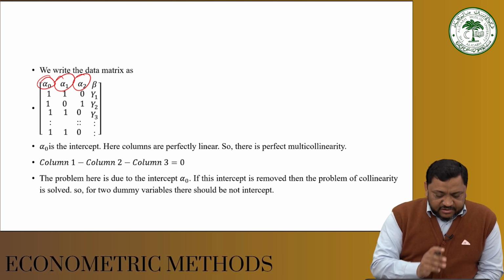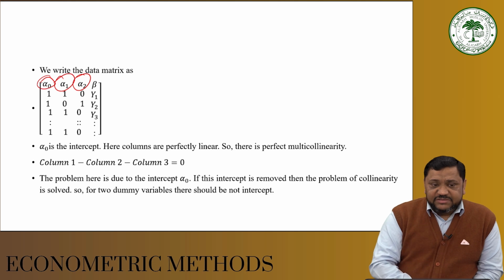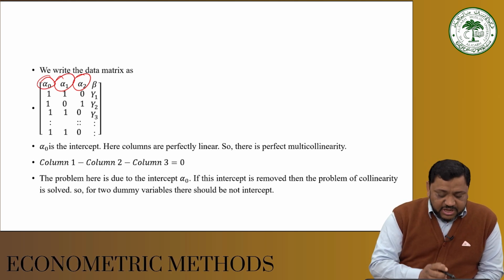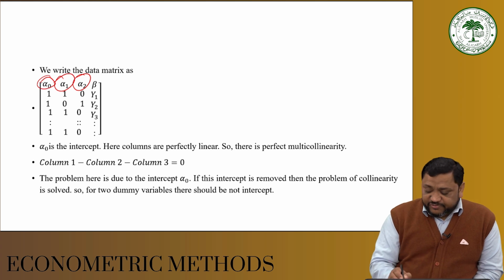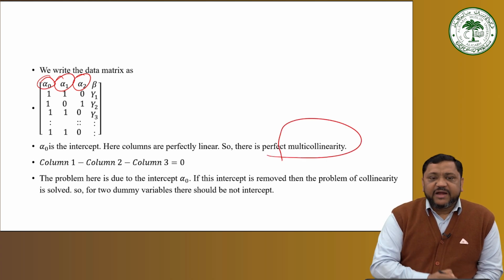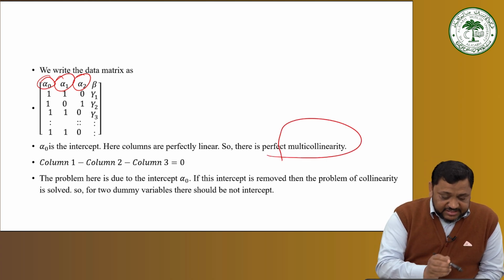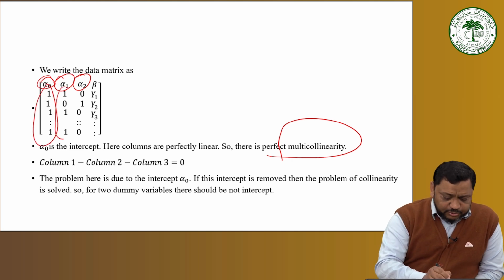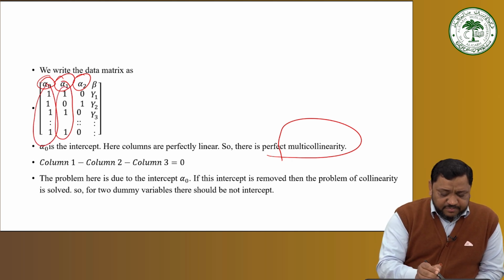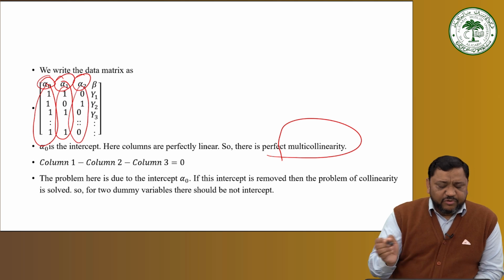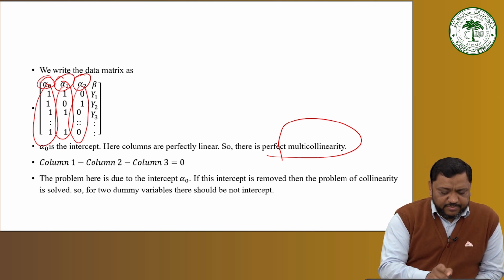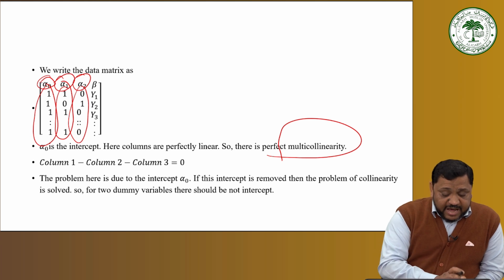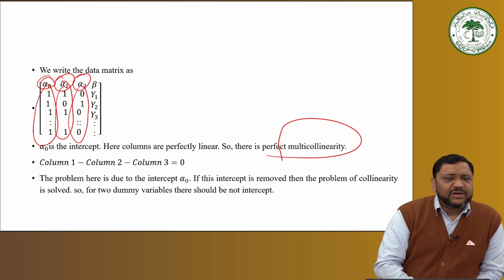Now when we take such a case, where for two categories we have created two dummy variables, the problem of multicollinearity will emerge. We can see that column 1 minus column 2 minus column 3 is equal to 0. 1 minus 1 is 0, 1 minus 1 is 0. So now we have a perfectly linear relationship.